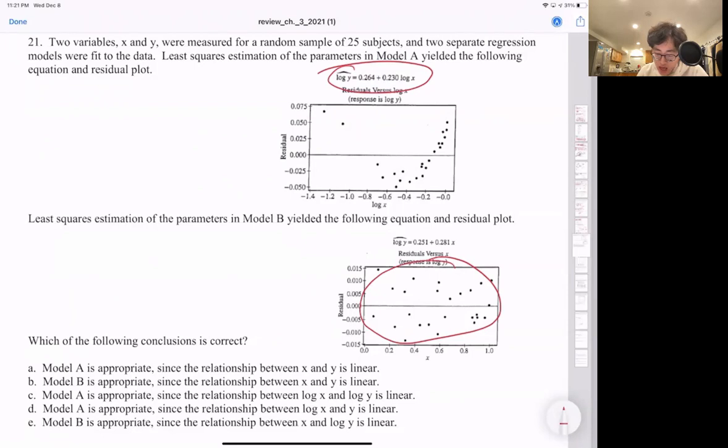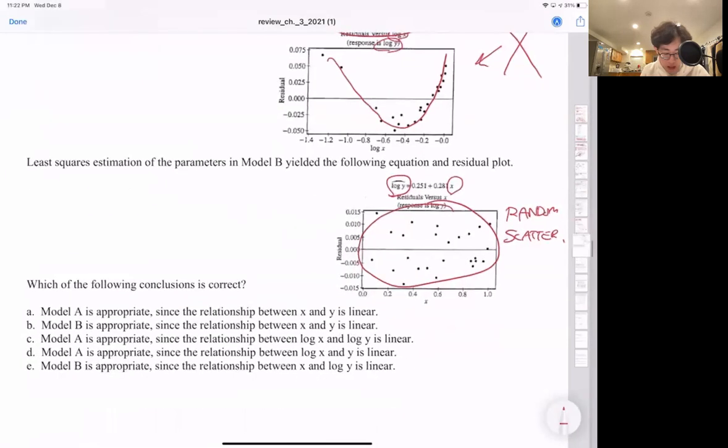When we do X versus log Y and log X versus log Y, it turns out that model A is not great for linear modeling because you see this curved pattern here. Whereas this is the randomness and scatter that we actually want in the residual plot. So model B is definitely the one that's appropriate.